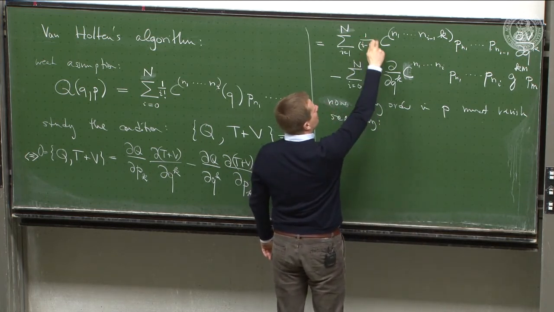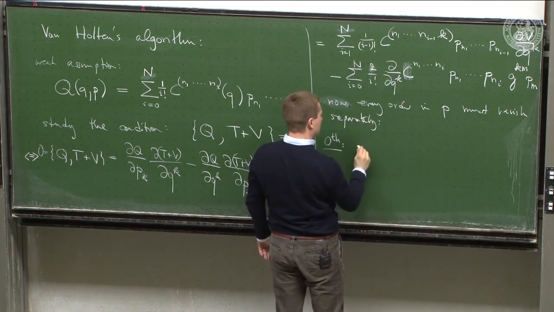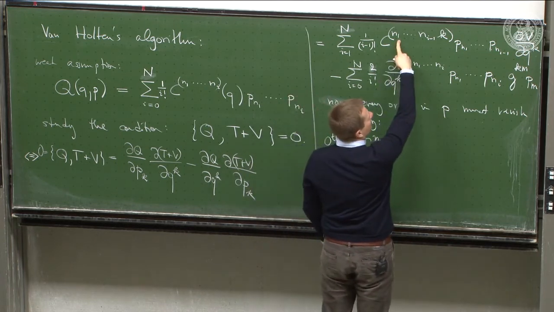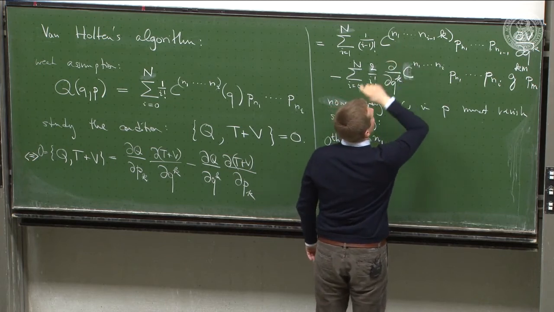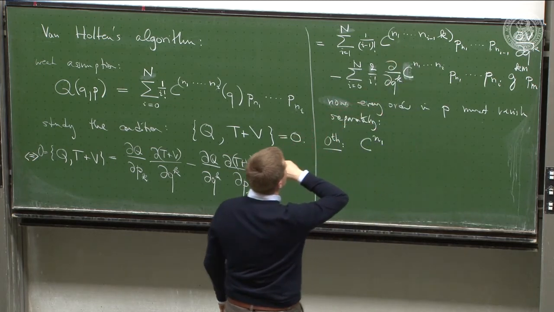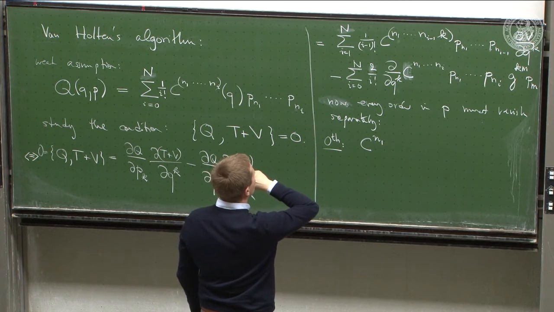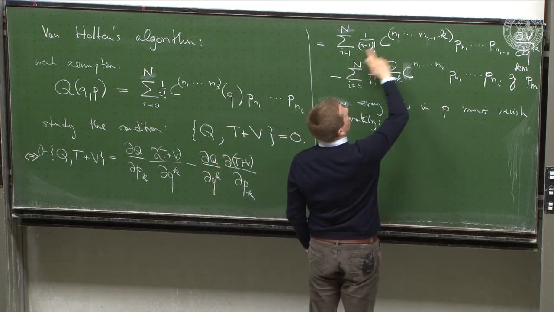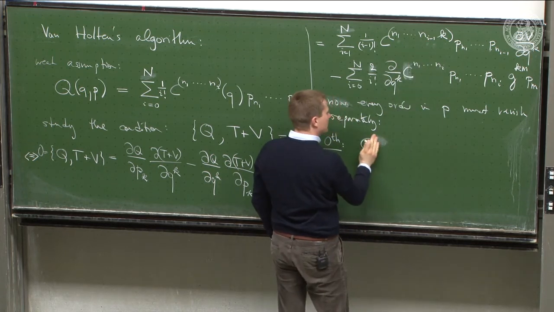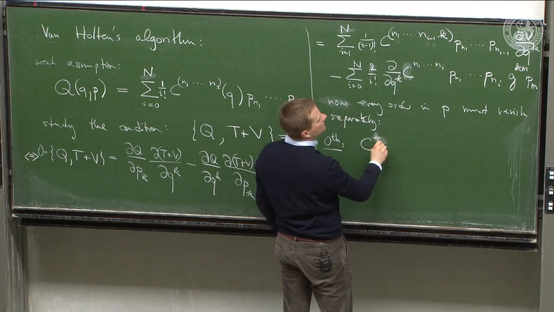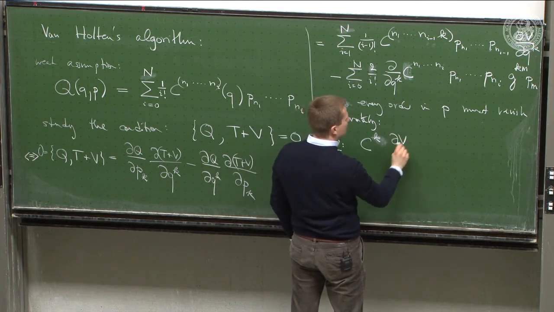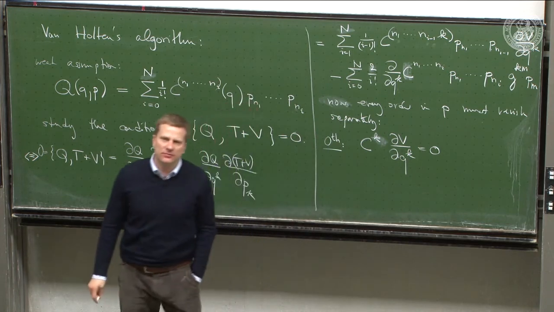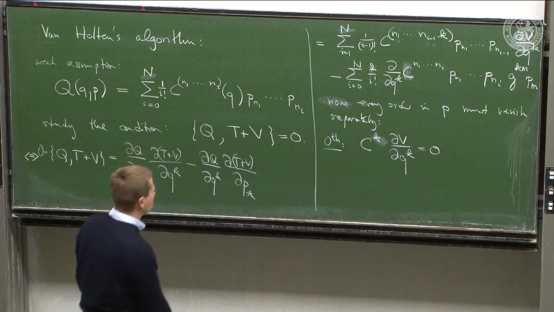So that is 1 over 0 factorial, which is 1, times C_{n1}. There is 1 left, but I minus 1 goes to 0, so none of the n's are left. The only thing that's left is a k, and that goes with the dV by dq_k equals 0. That's the 0th order equation.